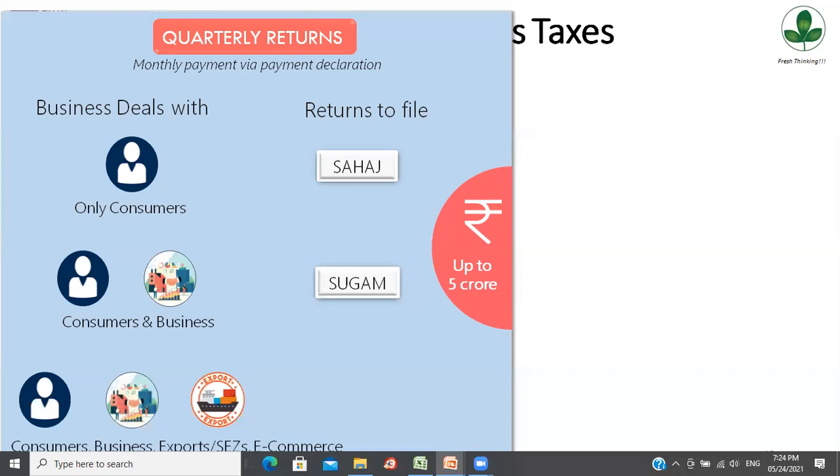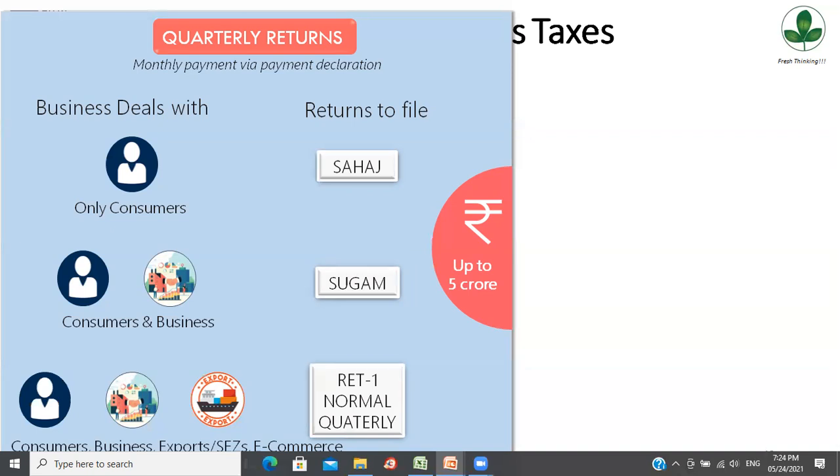Then the third is where you have B2C, you have B2B, and you also have exports or sale to an SEZ, or you're into e-commerce, where you do business through the e-com portals. Then you need to file Return One, which is the normal quarterly return, even though your turnover is less than 5 crores.